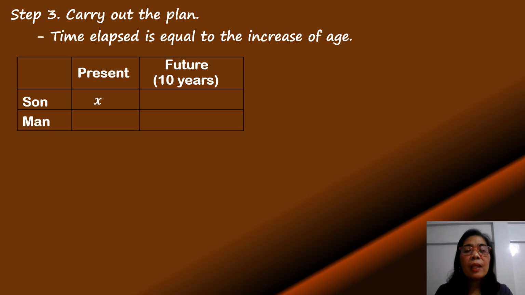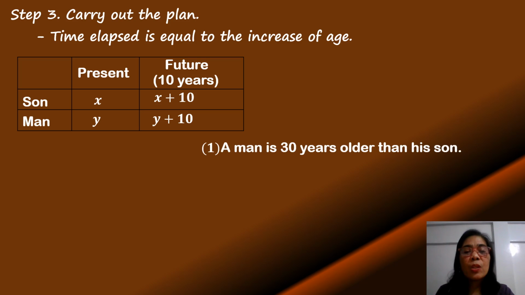We let x represent the present age of the son and y the present age of the man. That means in 10 years, the son will be x plus 10 years old and the man will be y plus 10 years old. So we are now ready to write equations based on the given conditions.